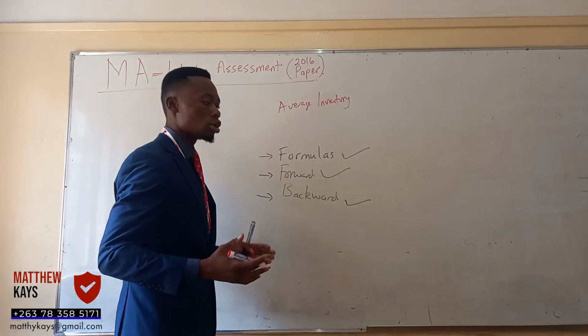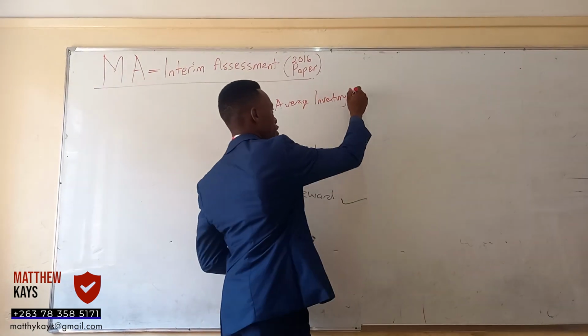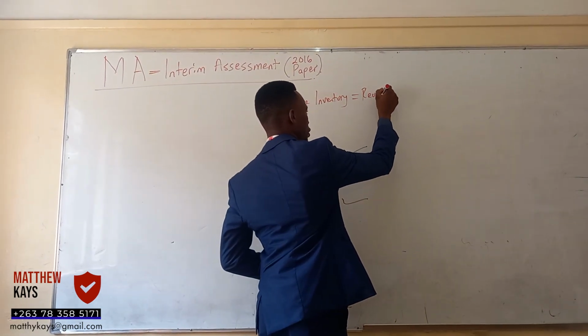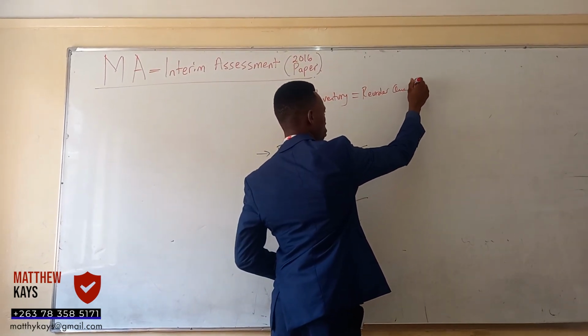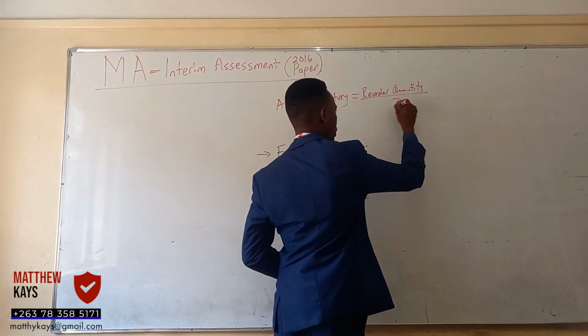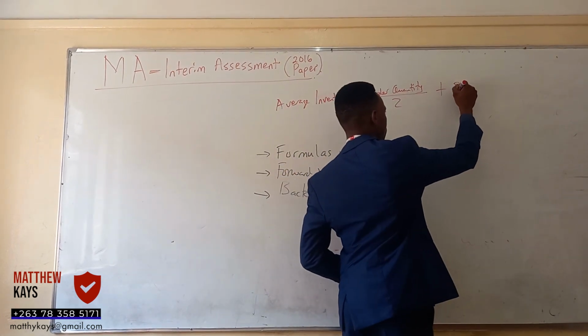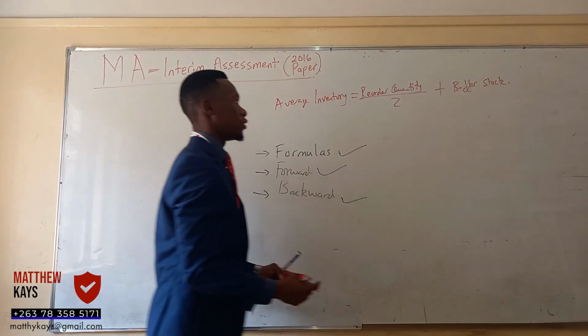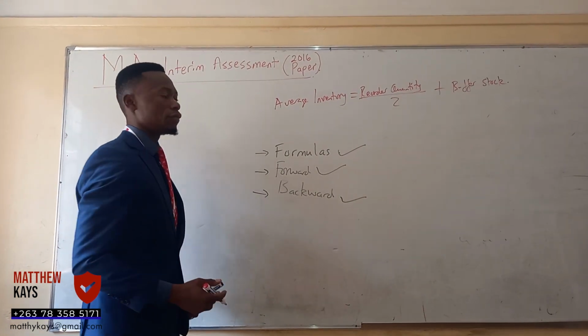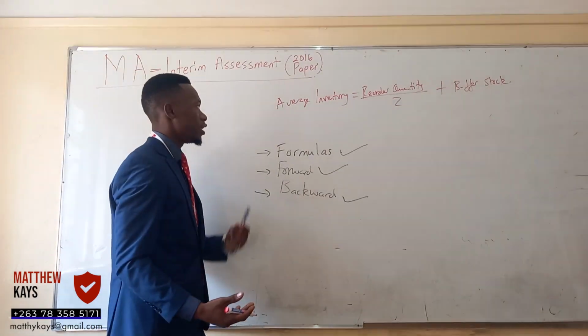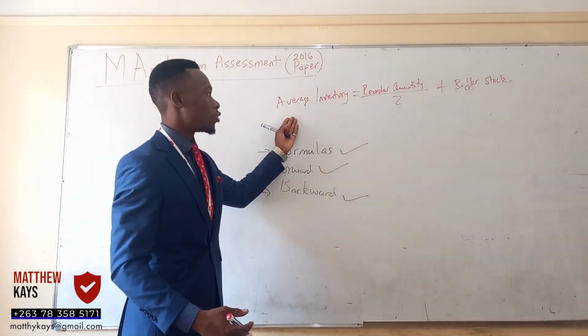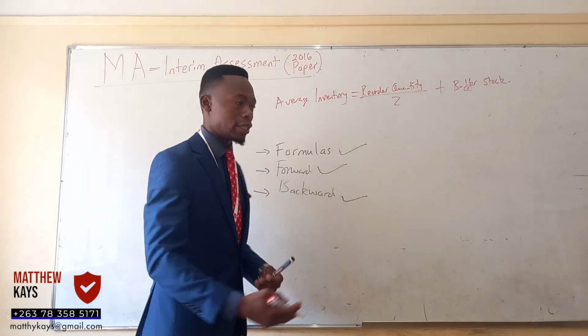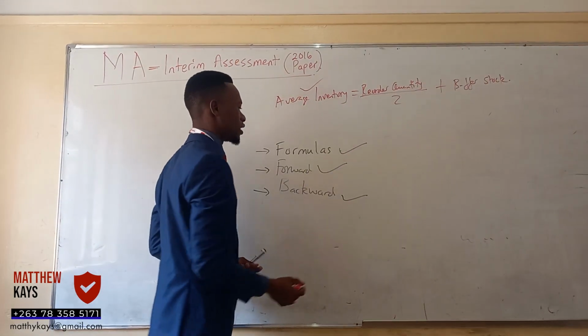When we want to calculate the average, we say the reorder quantity divided by 2 plus the buffer stock. You follow this formula, right? This is the formula. If they say in the exam to calculate the average inventory, that's the normal way.